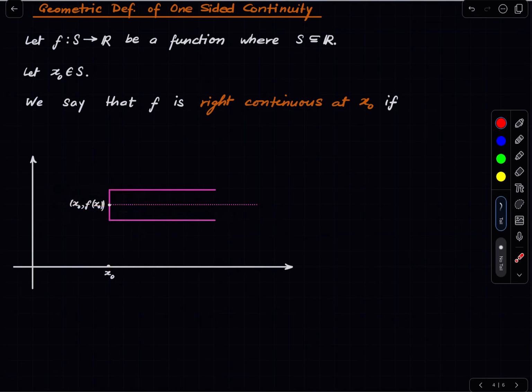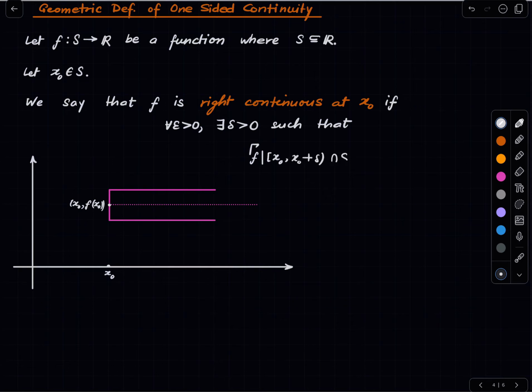So the formal definition is as follows. For all epsilon greater than 0, there is some delta greater than 0 such that the graph of the function restricted to this region is contained in the right epsilon band about this point.